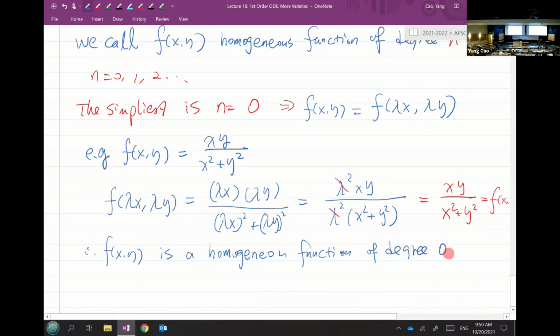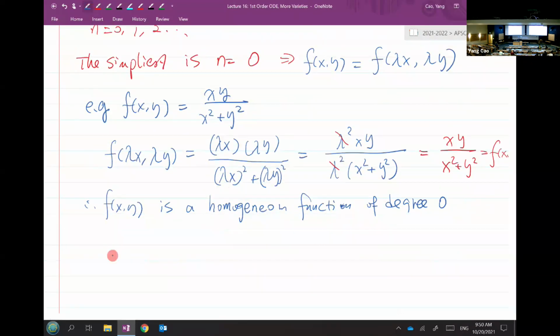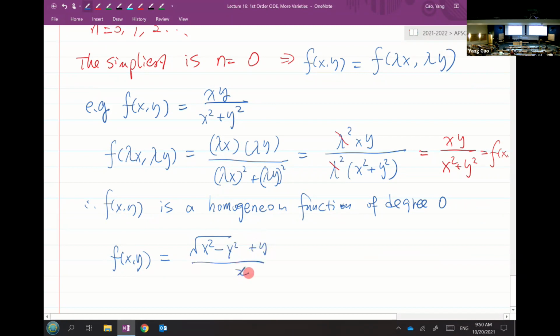Similarly, I want you to try manipulating this function, for example, and you will get the same conclusion. It's also a homogeneous function of degree 0.